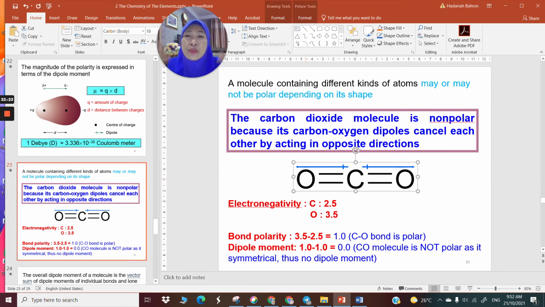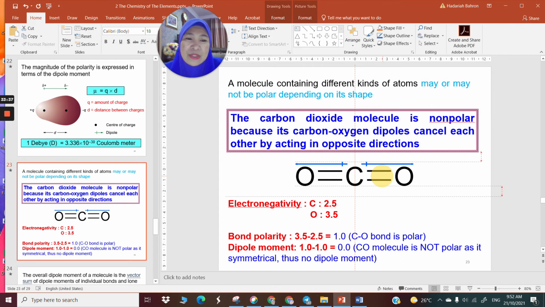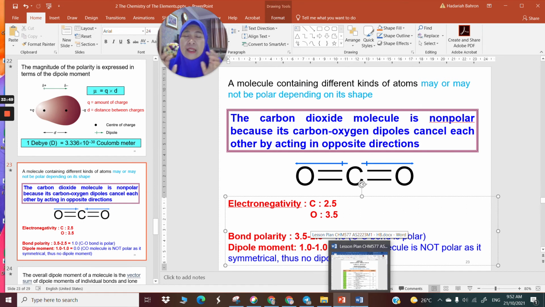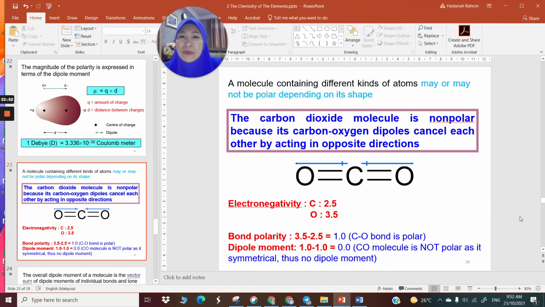So you have two polar bonds, one acting to the right and another acting to the left. However, the dipole moment is the difference between the polarity of the bond on the left and the polarity of the bond on the right. So the dipole moment is 1 minus 1, so that is 0. When the dipole moment is 0, that means that CO2 molecule is not polar.